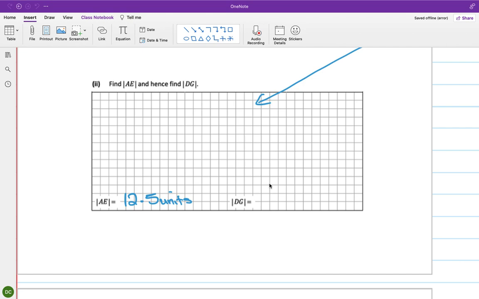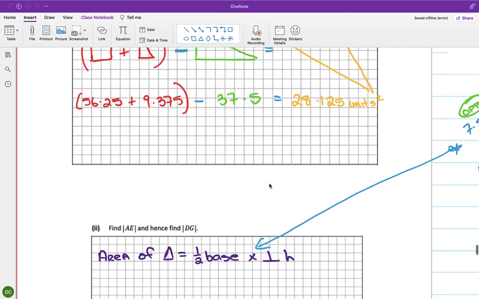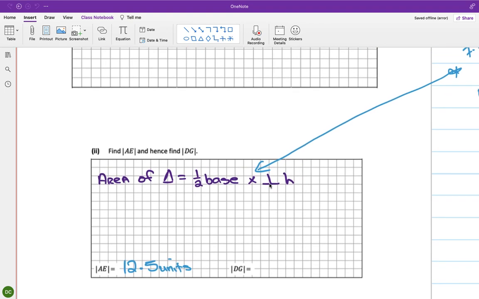So if we do the area of the triangle, which is a half the base multiplied by the perpendicular height, we know the area because we calculated it a minute ago. So the area is 28.125.